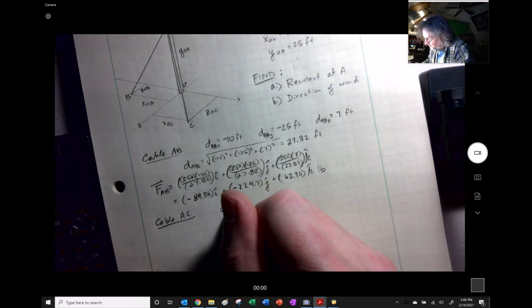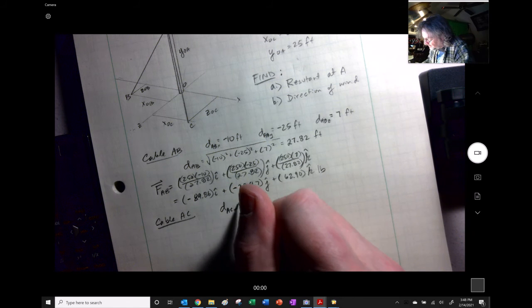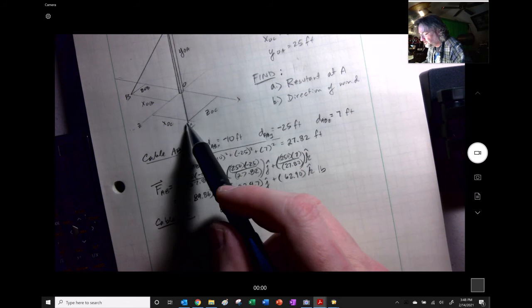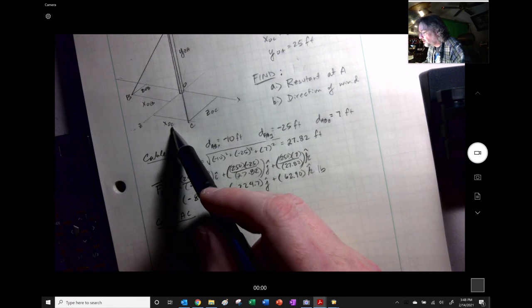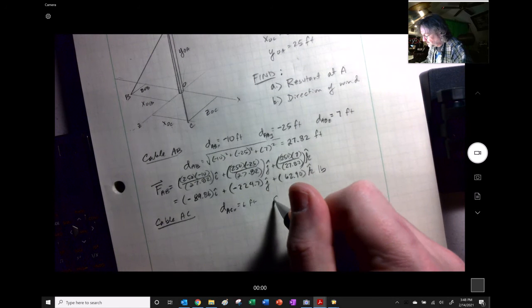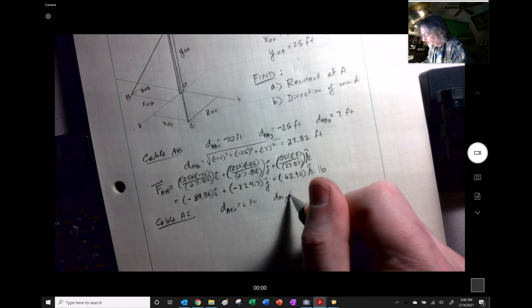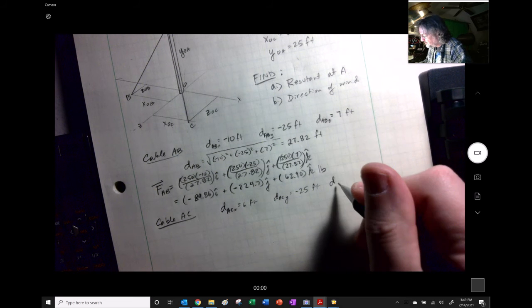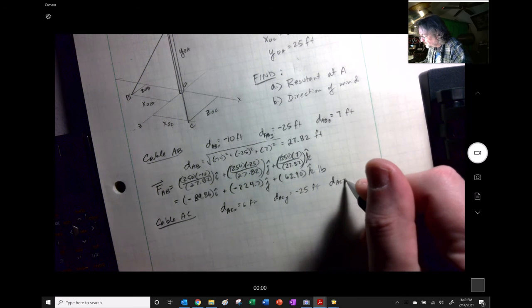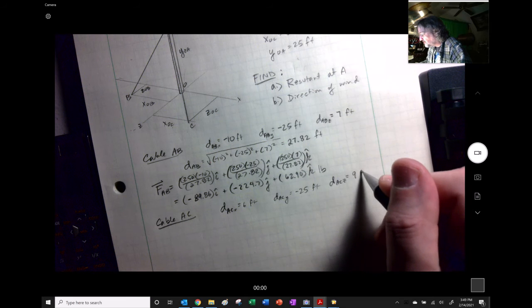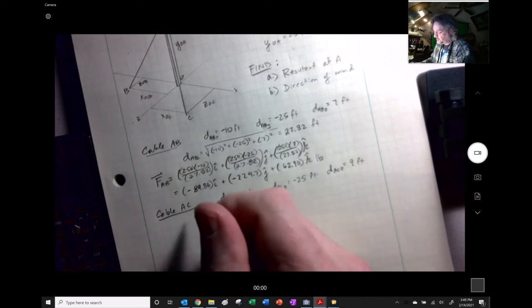Then we go dACX. Well, we know that's going to be in the positive x direction here, and it's 6 feet. dACY is also that negative 25 feet, and then dACZ is also positive 9 feet.